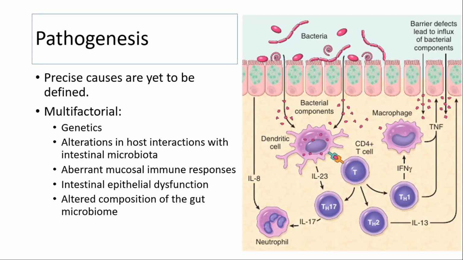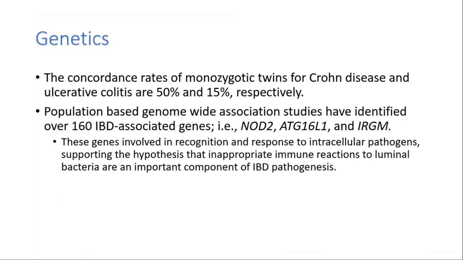In this illustration you can see the epithelium has some junctional defect which allows the bacteria to influx into the wall and trigger an immune response, and this will further lead to more dysfunctional epithelium, and thus it is a cycle. Another cause is altered composition of the gut microbiome.